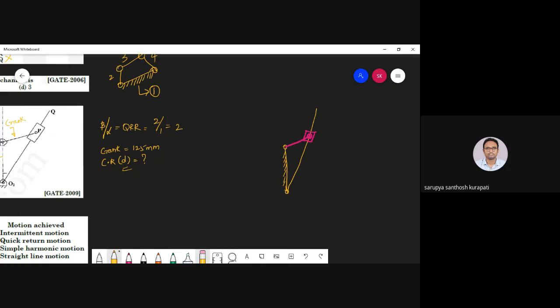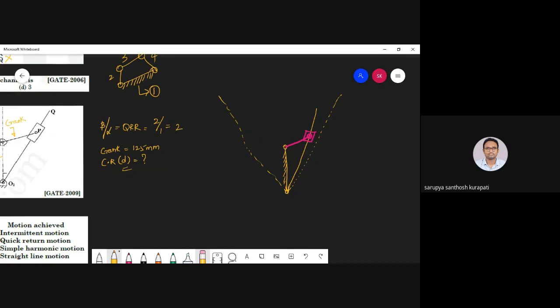So my slotted bar is going to oscillate. So I'll just draw the maximum points. I don't know whether you remember these points or not. These are the two extreme points.